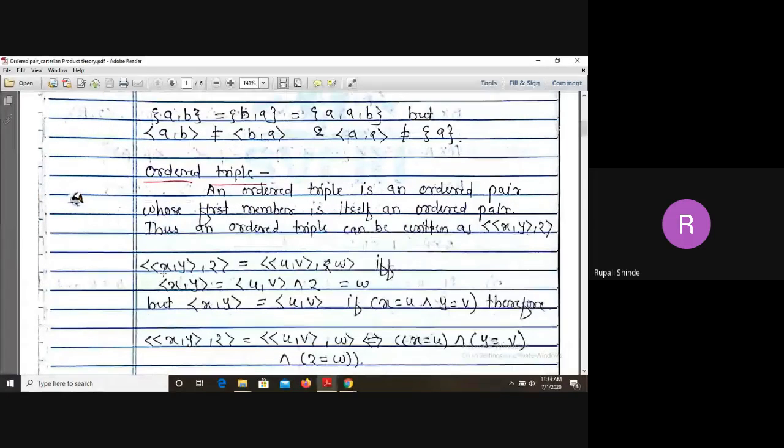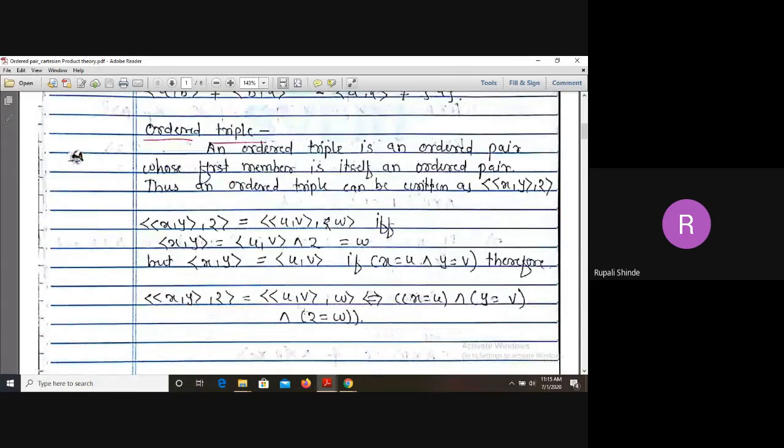Now, if there is an ordered triple <<x, y>, z>, and it is equivalent to an ordered triple whose first element is the ordered pair <u, v>, that is <<u, v>, w>, then we can say that these ordered triples are equal if x is equal to u, y is equal to v, and z is equal to w.